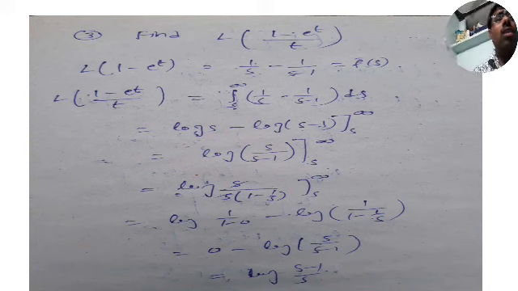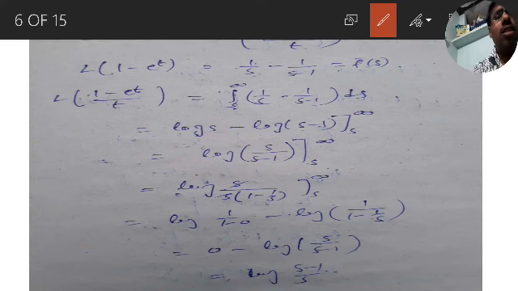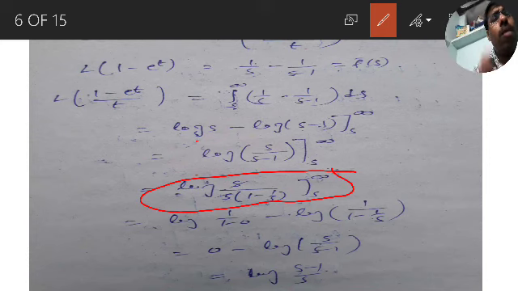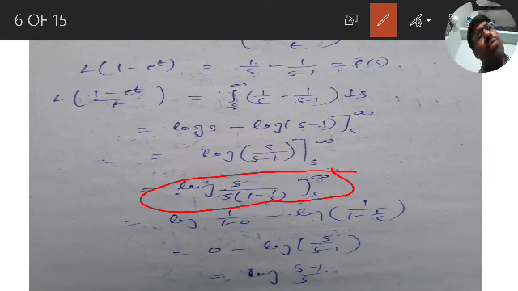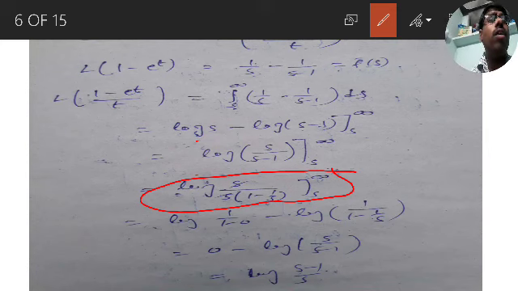This is the step you have to know. If you apply the upper limit, the numerator is infinity and the denominator is also infinity, so log of infinity by infinity is undetermined. That's why you have to change it.